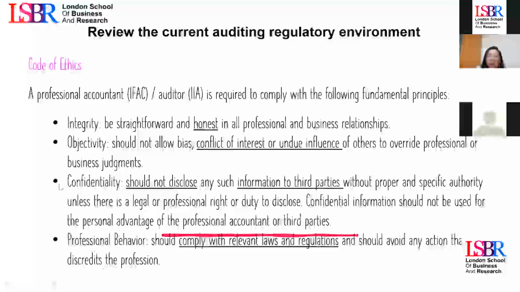And professional behavior: external and internal auditors need to care for the profession of the accountant or the auditor. So they need to report any bad behavior, and they need to boost the profession of the auditors.